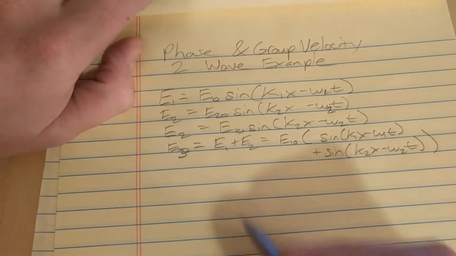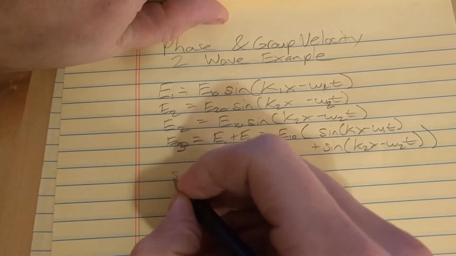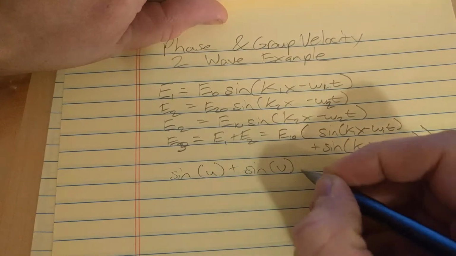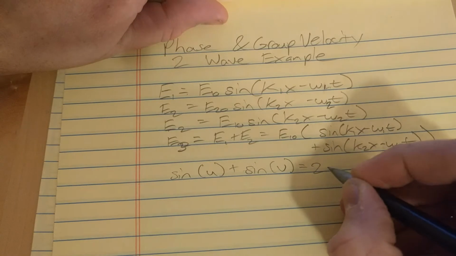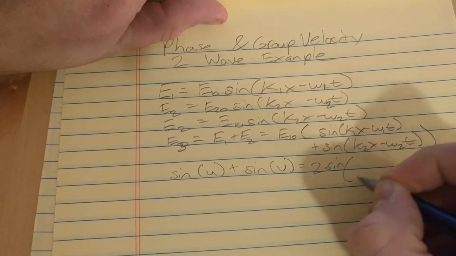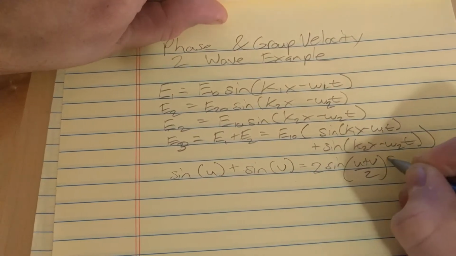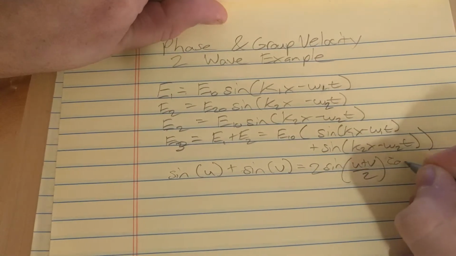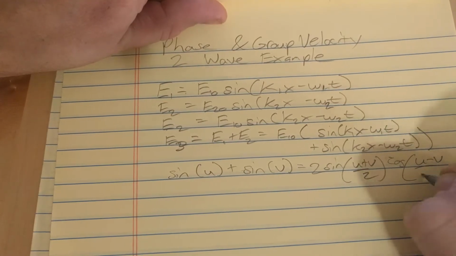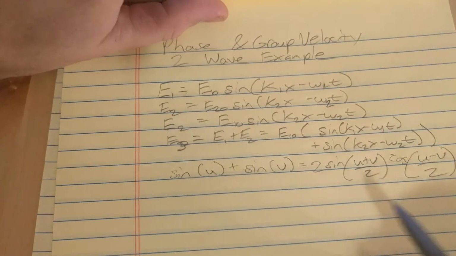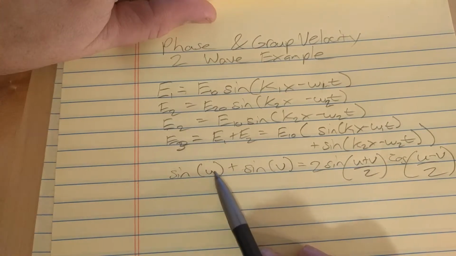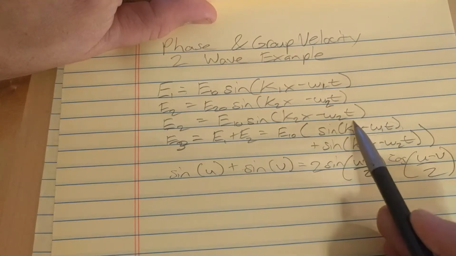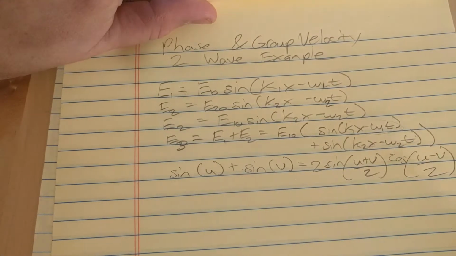Okay, and here we're going to use the trig identity. It says that sine of u plus sine of v equals 2 sine of u plus v over 2 times cosine of u minus v over 2. Okay, so the u is going to be this part, the v is going to be this part.